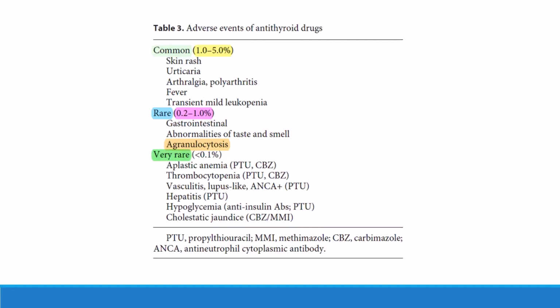Other very rare side effects of antithyroid medication are aplastic anemia, thrombocytopenia, and vasculitis. Don't forget, this is ANCA positive vasculitis, and this occurs with propylthiouracil, and also hepatitis, hypoglycemia, and cholestatic jaundice occur with carbimazole or methimazole.